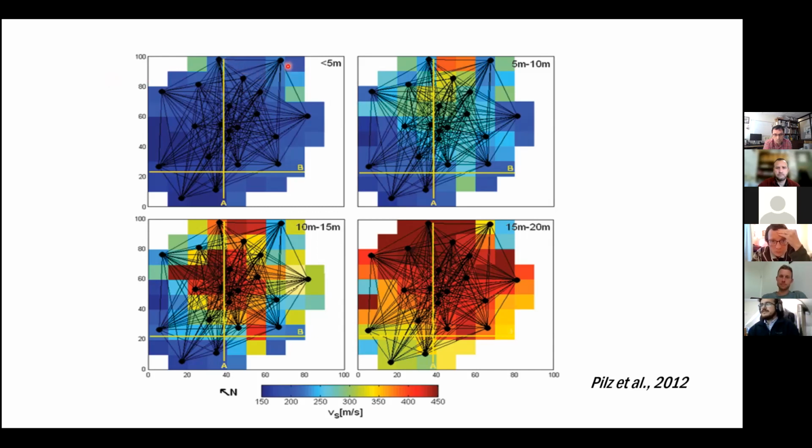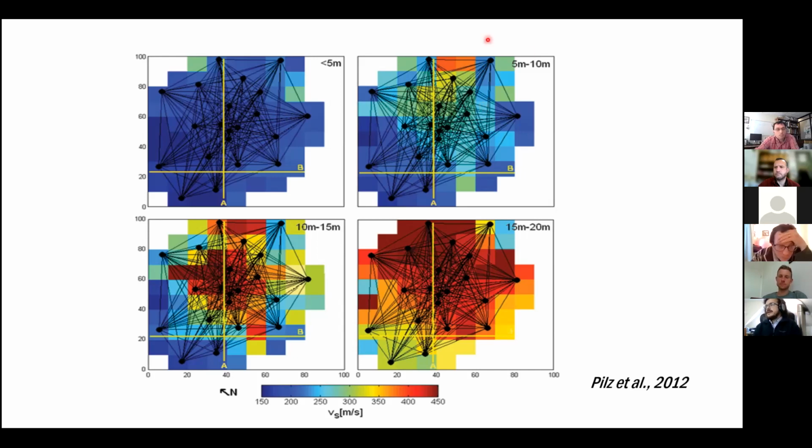These black dots represent the location of the receivers, and the black lines represent the ray coverage in between the sensors in the model. This was created from an ambient noise surface wave tomography, which uses the noise of the microtremor wave field to create the S velocity model.